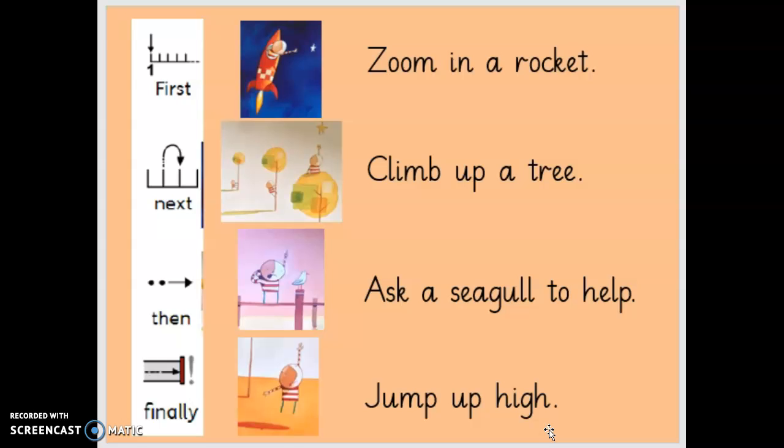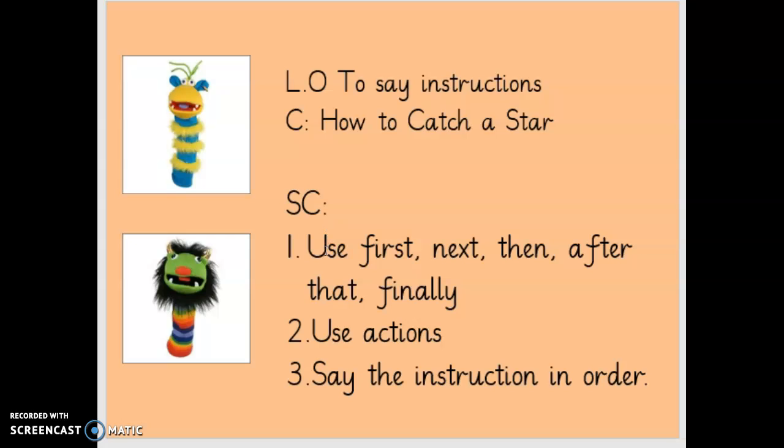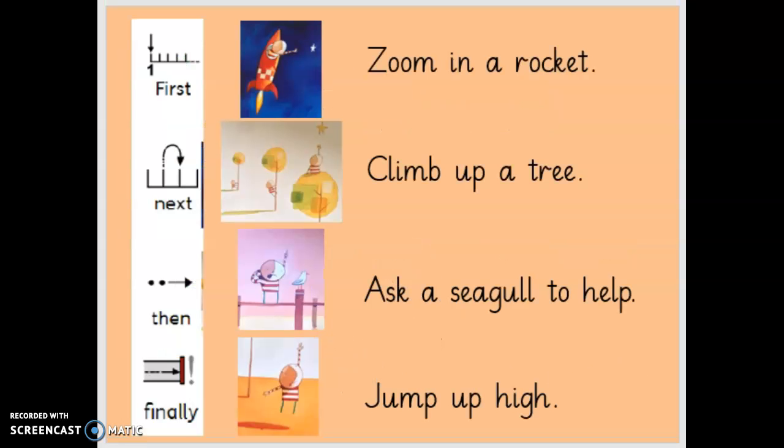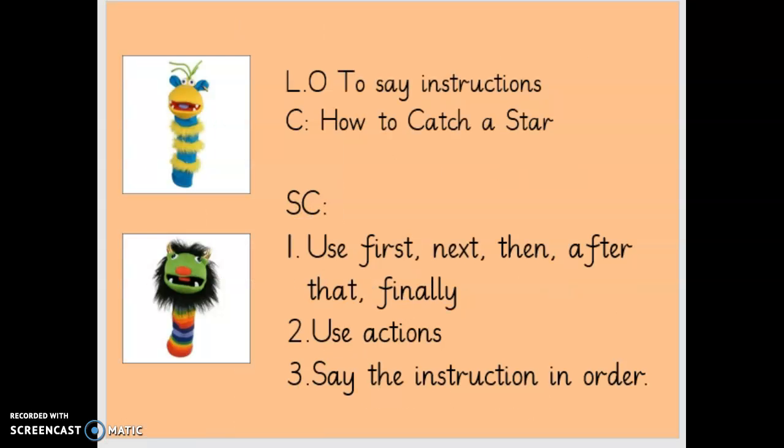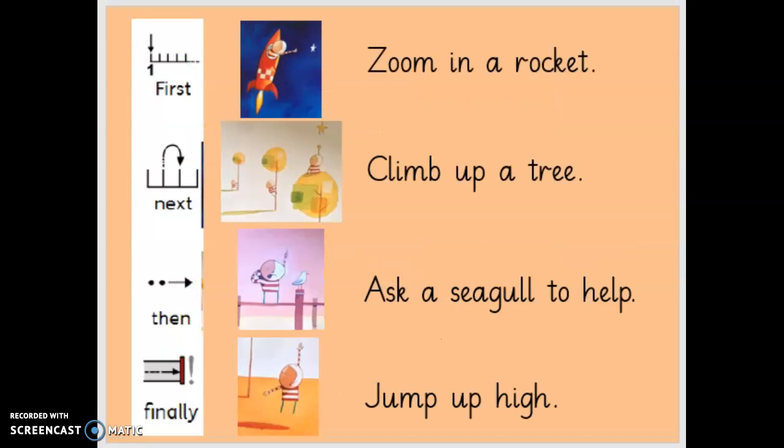Those are my instructions to catch a star. I've used my instruction words first, next, then, after that, and finally. And I've said my instructions in order. Now that I've written my instructions, I need to use actions to act out my instructions.